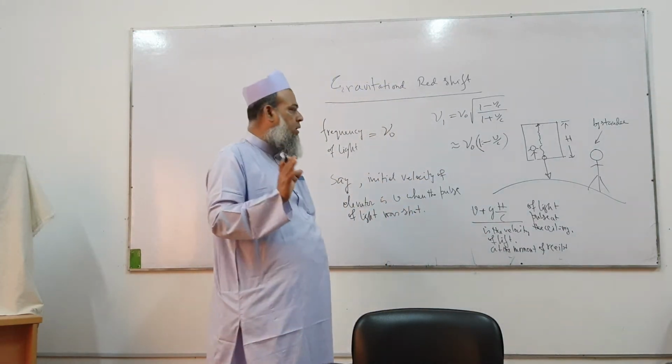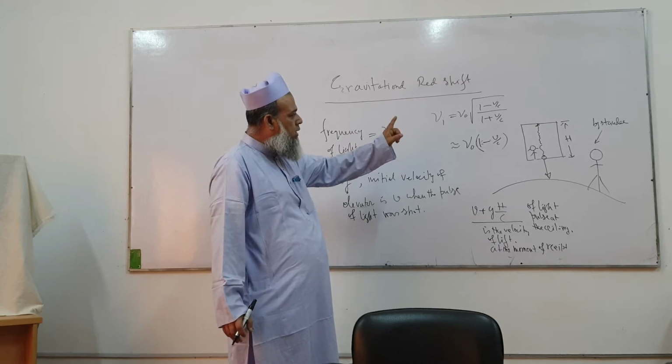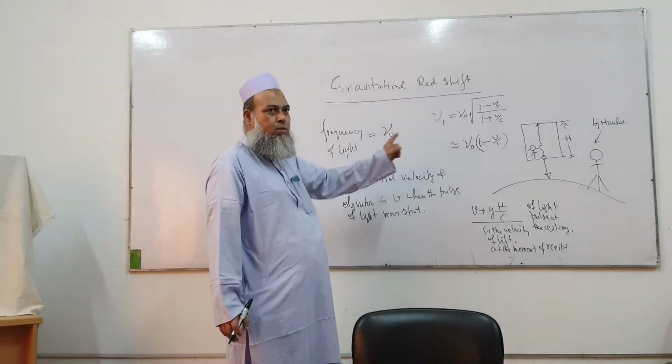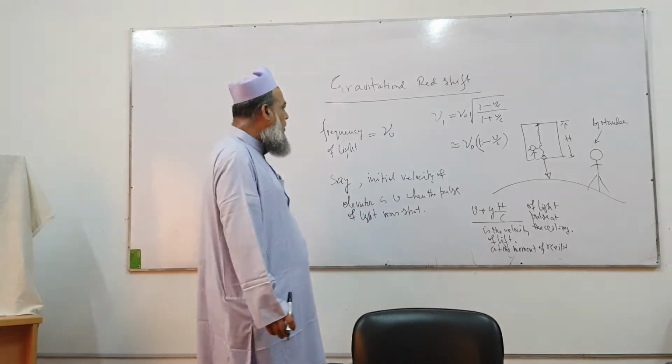Simple, very simple thing. When the light pulse is at the ceiling, the velocity of the lift is V plus g h by c because it is falling downward. Now what will happen?